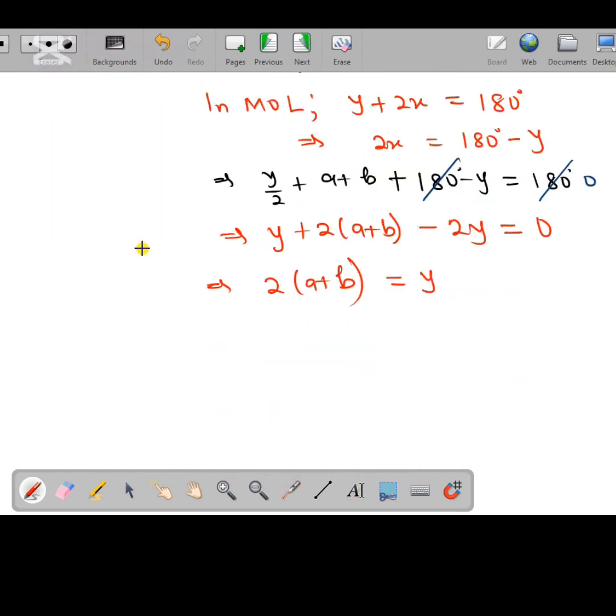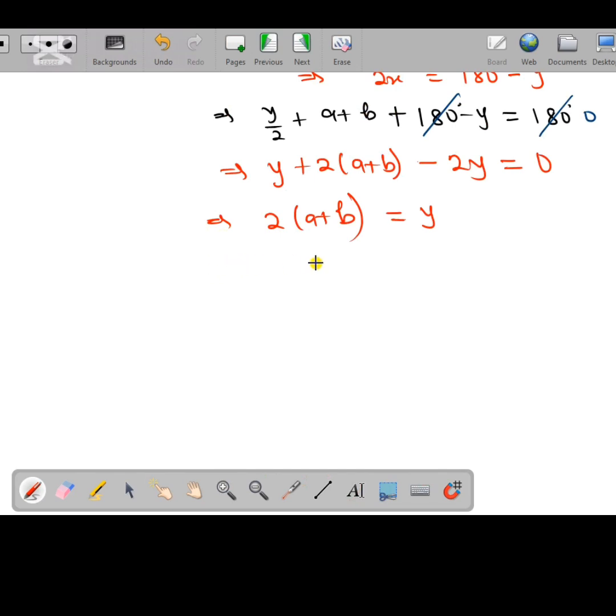So now we know that Y plus Z will be equal to 360 degrees, angles at a point.